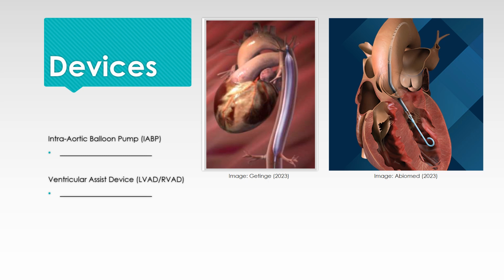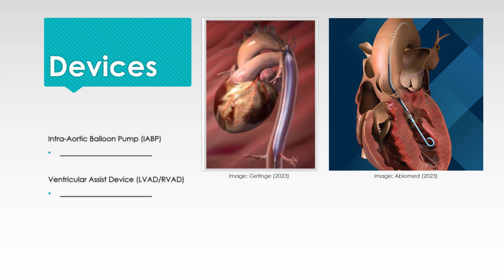So the intra-aortic balloon pump, or we just call it a balloon pump, is typically seen with afterload issues. So the balloon sits in the aorta, and it's timed to inflate and deflate opposite to the normal cardiac cycle. So it opens during diastole, which pushes blood back through the coronary arteries.